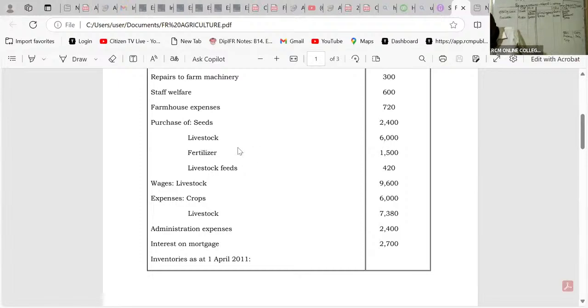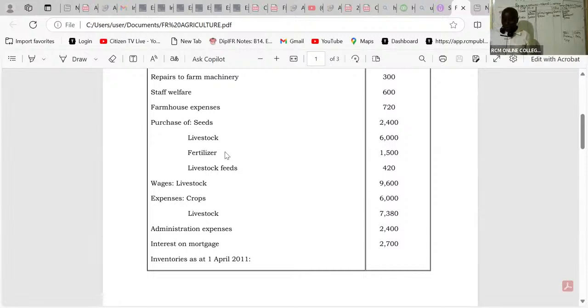We still continue, it doesn't end there. We have fertilizers. Fertilizers will be booked under which biological asset? Can they be booked under livestock? No. Fertilizers are enhancers for crops, so fertilizers will go under crops.